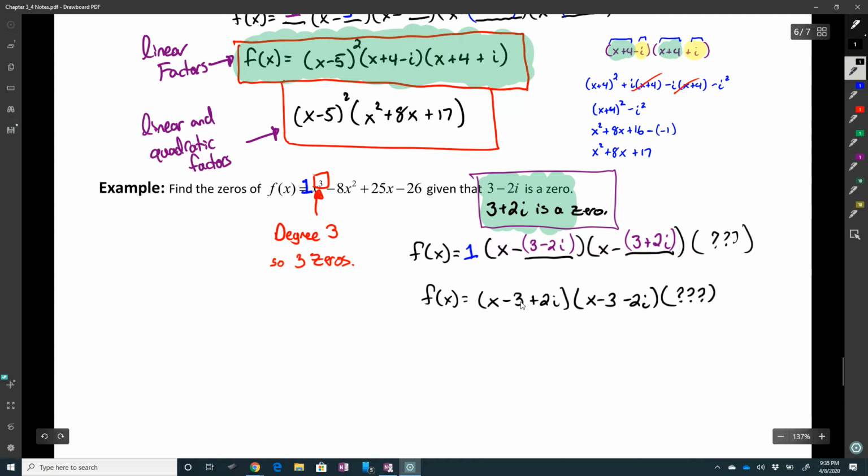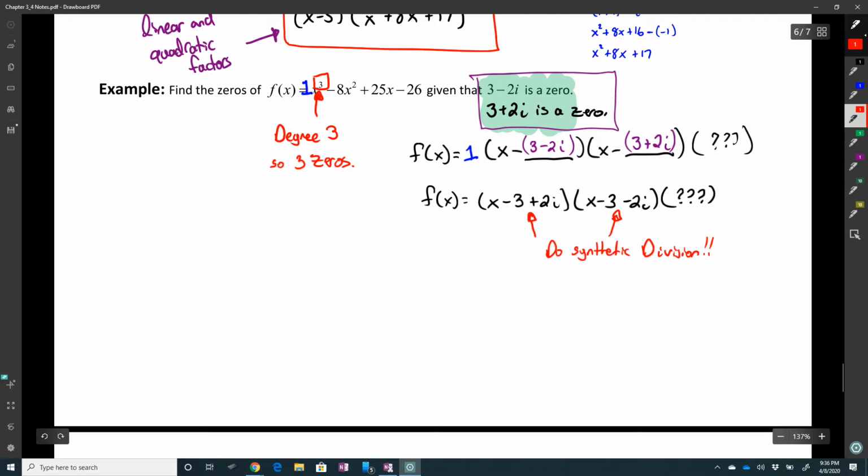So all I'm going to do is synthetic division with each of these. Synthetic division is dividing. Since these are zeros, I'm guaranteed to get 0 as an answer whenever I do this.